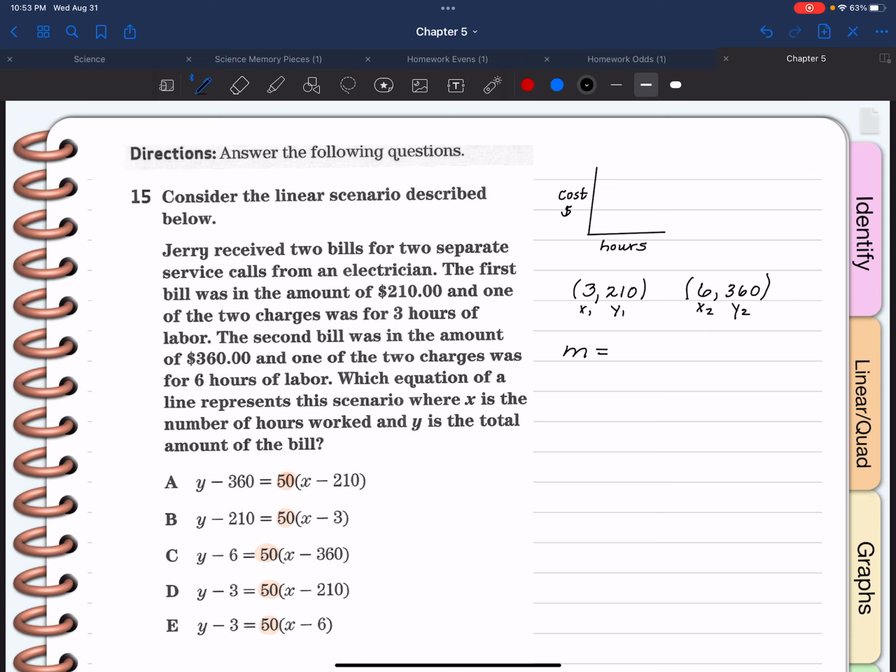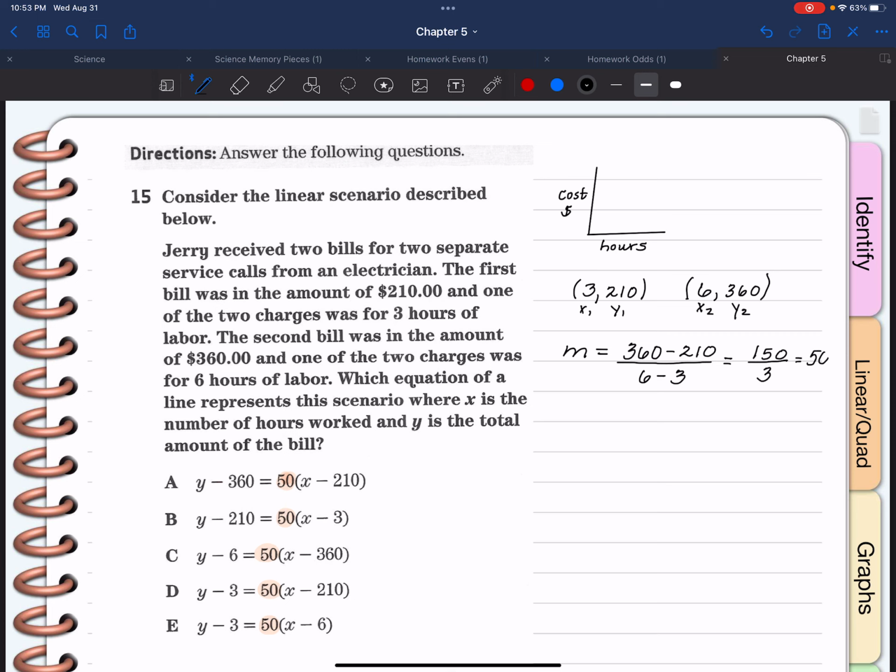And slope is y sub 2 minus y sub 1 over x sub 2 minus x sub 1. So 360 minus 210 is $150 over 3 hours.